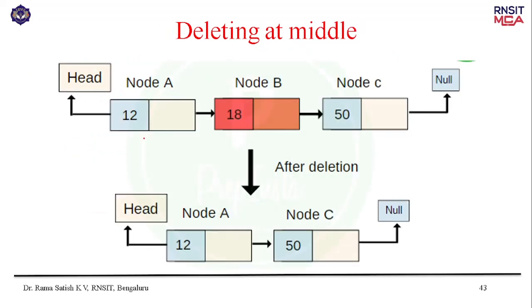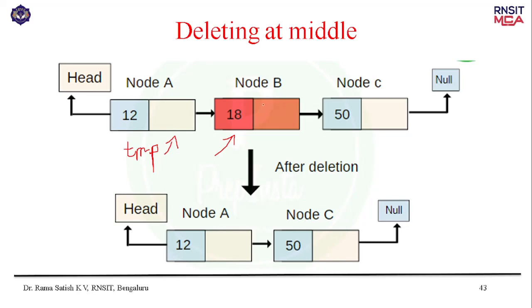So, deleting the node in the middle. What happens? TMP starts from here. It is checking whether it is the first node. No, 12 is not equal to 18. The next element is 18. Yes.